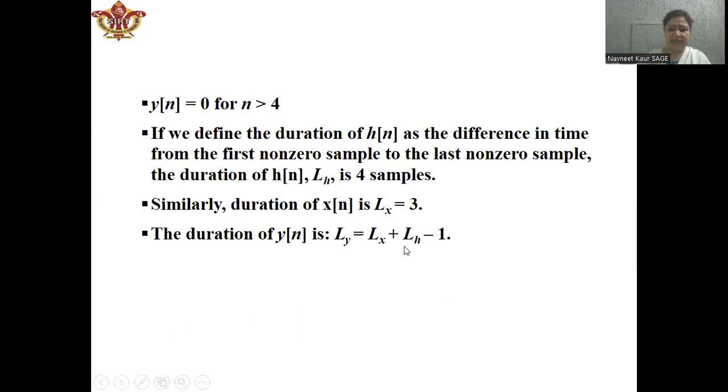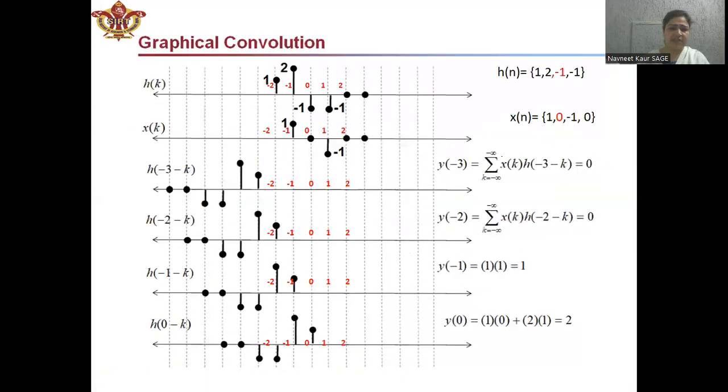In my first sequence, there are 4 samples. In my second sequence, there are also 4 samples. So according to the formula, in convolution, there will be 4 plus 4 minus 1. That means there will be 7 samples.